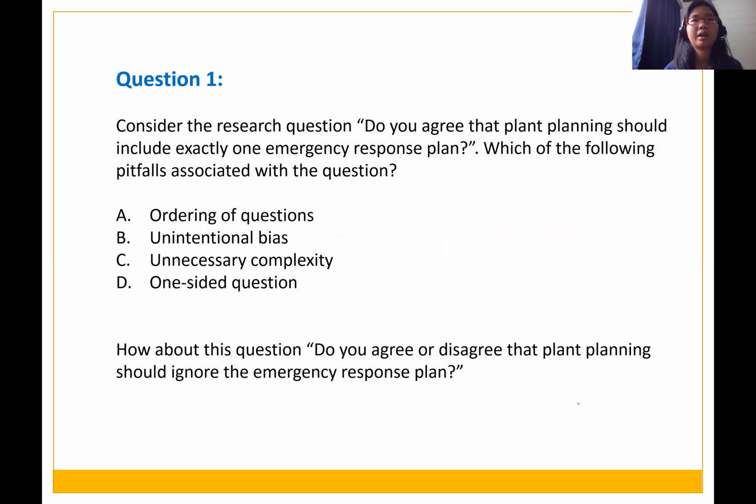So the first question is: consider research questions. Do you agree that planned planning should include exactly one emergency response plan? Which of the following pitfalls are associated with the question? A, ordering of questions; B, unintentional bias; C, unnecessary complexity; or D, one-sided questions. Don't look at the last part yet. I'll give you, say, 2 minutes to think about the question.